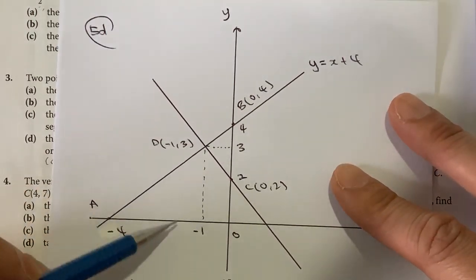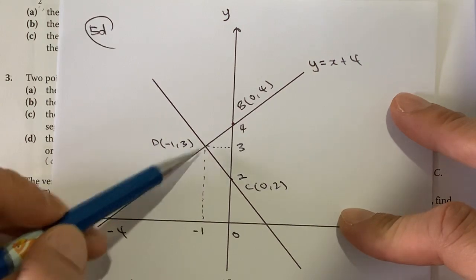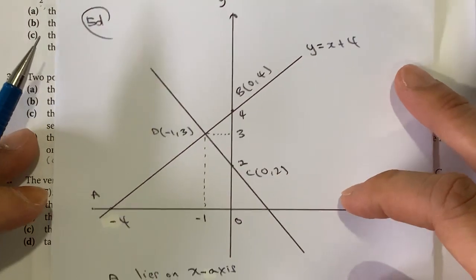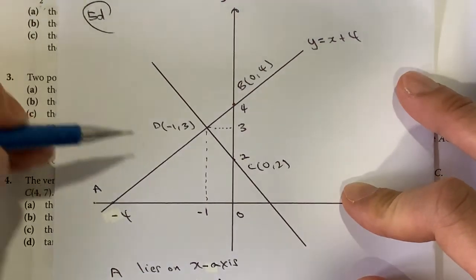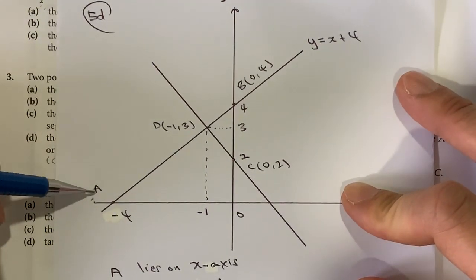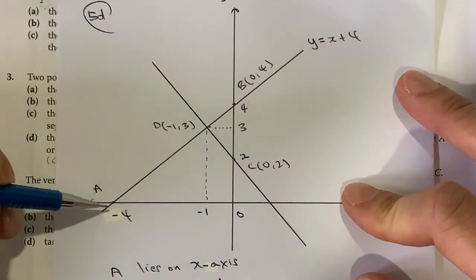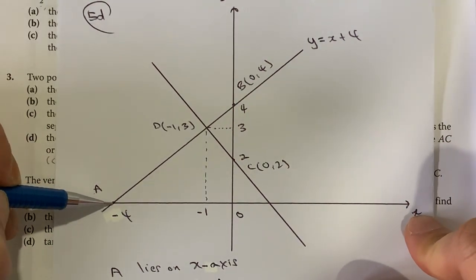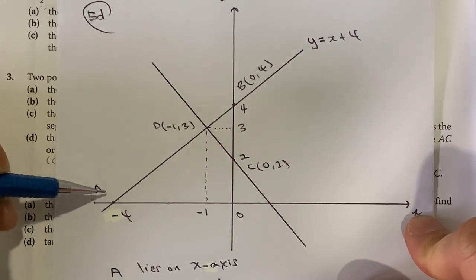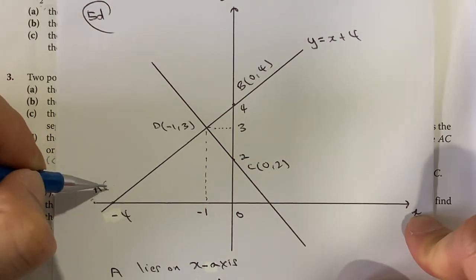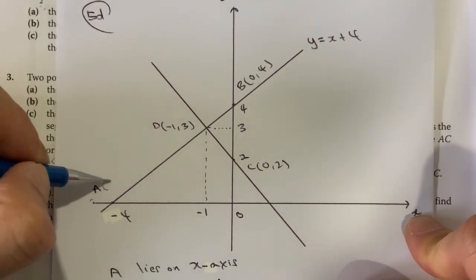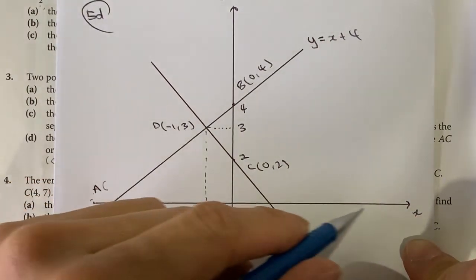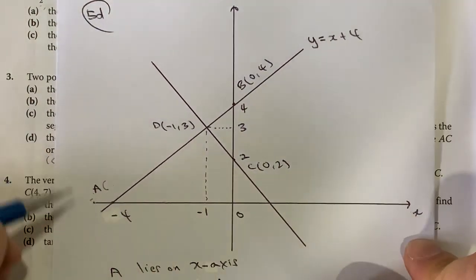So all these coordinates, the C, D and B, we have already calculated, but we have not calculated the coordinates of A. So A is on the x-axis. So on the x-axis, the y coordinate is 0. So it will be like 2, 0 or 7, 0. Everything is on the x-axis, so the y is 0.